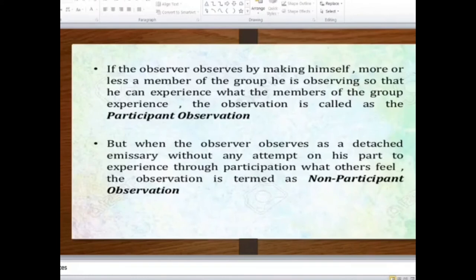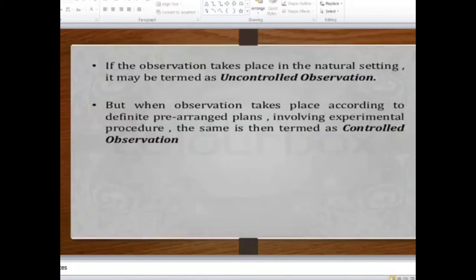And the next type is non-participant observation. When the observer observes without any attempt on his part to experience the participation, what others feel, then that observation is known as non-participant observation. And the next types are uncontrolled observation and controlled observation.